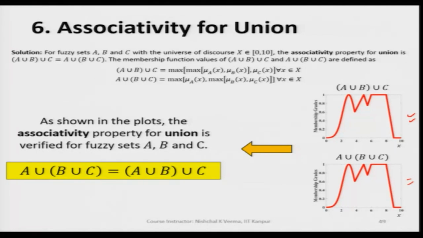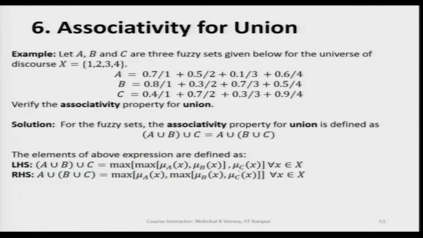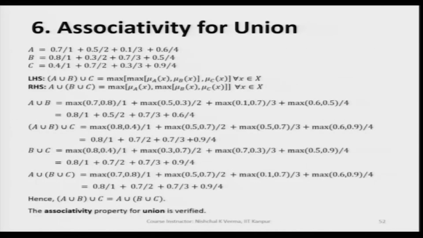Now, the same can be checked by taking the discrete fuzzy sets A, B and C. So, if we take these three fuzzy sets A, B and C, and we directly go to the outcome of A union B and then union C, we are going to get this as the outcome.